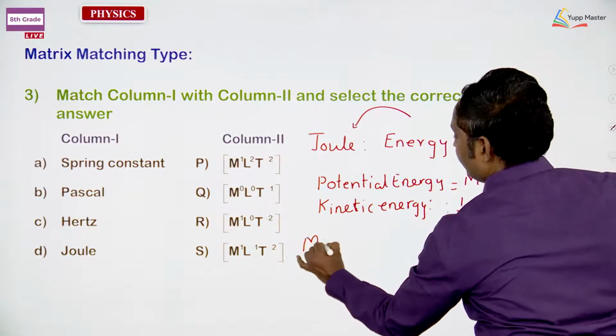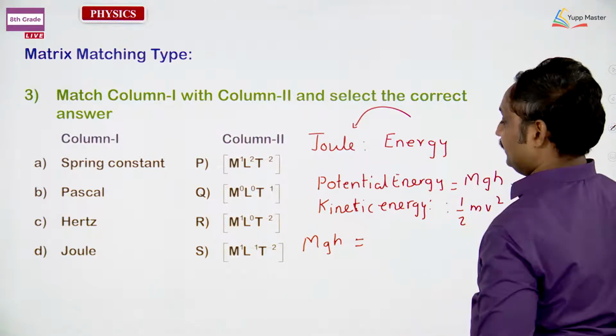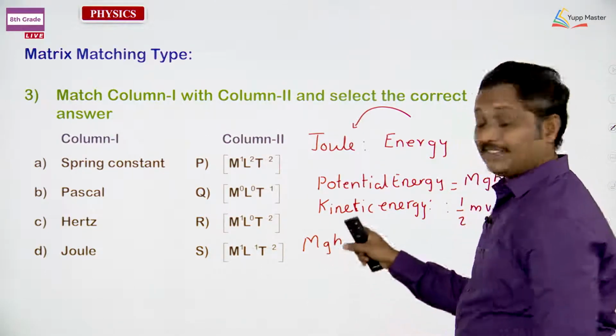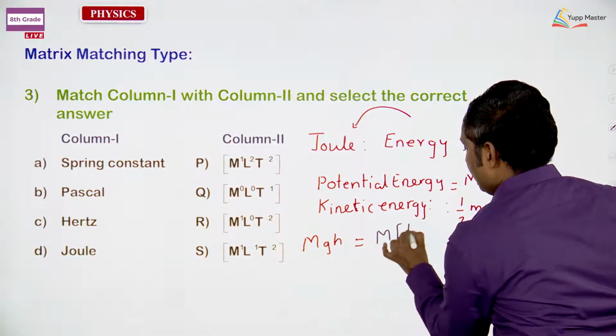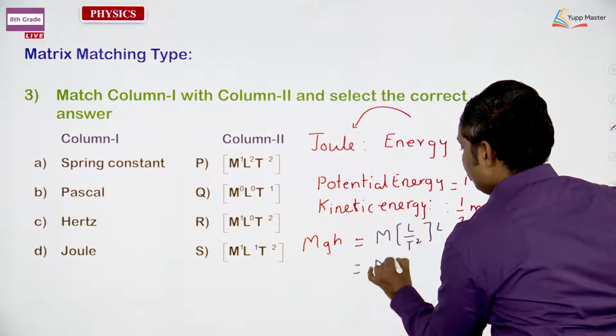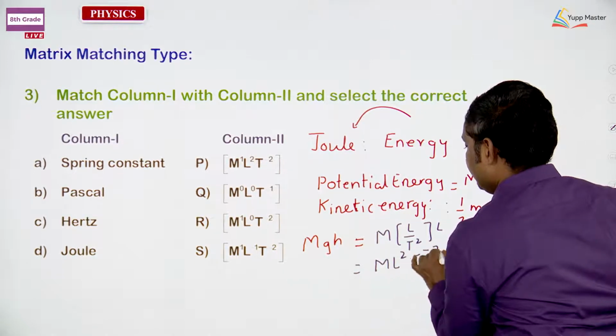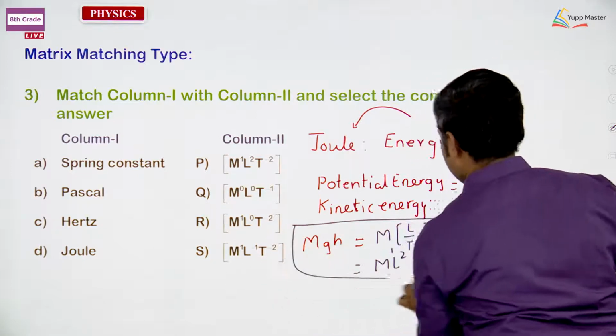So mgh, that is represented in dimensional formula. g is the acceleration due to gravity. So m L by T square and L. So m L square T minus 2. It is 1, we know that.